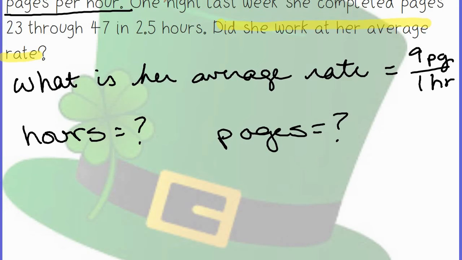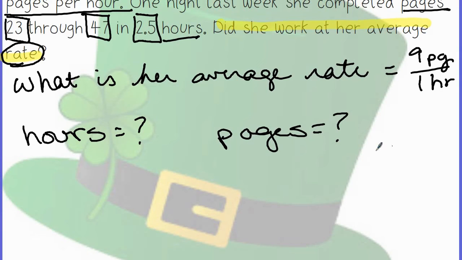One night last week she completed pages 23 through 47, and that's her pages, and she did that in 2.5 hours. Rate here would be our to-do word, and a rate tells us that we're doing, in this case, pages in time.